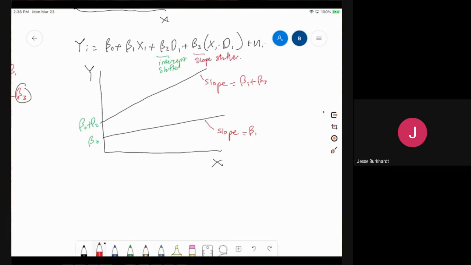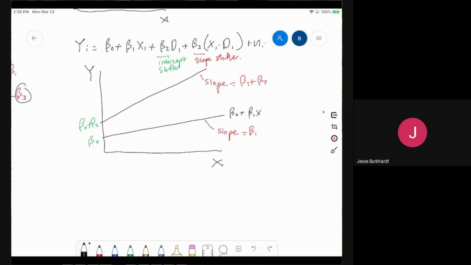Why is that the case? Let's look at what happens when D1 equals 0. We get a line that looks like this, beta 0 plus beta 1 x. When D1 equals 0, the terms beta 2 and beta 3 drop out because they're both multiplied by 0.